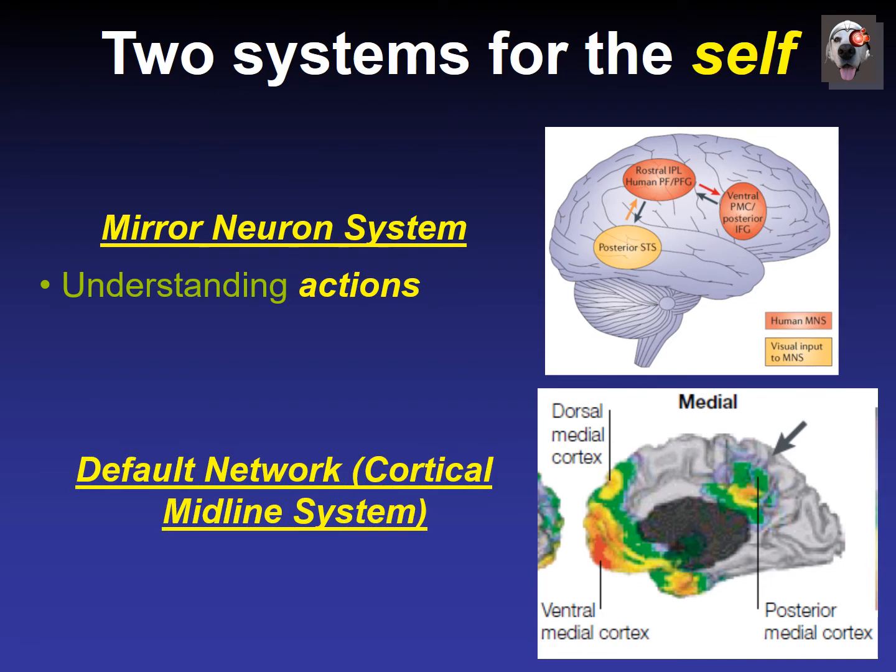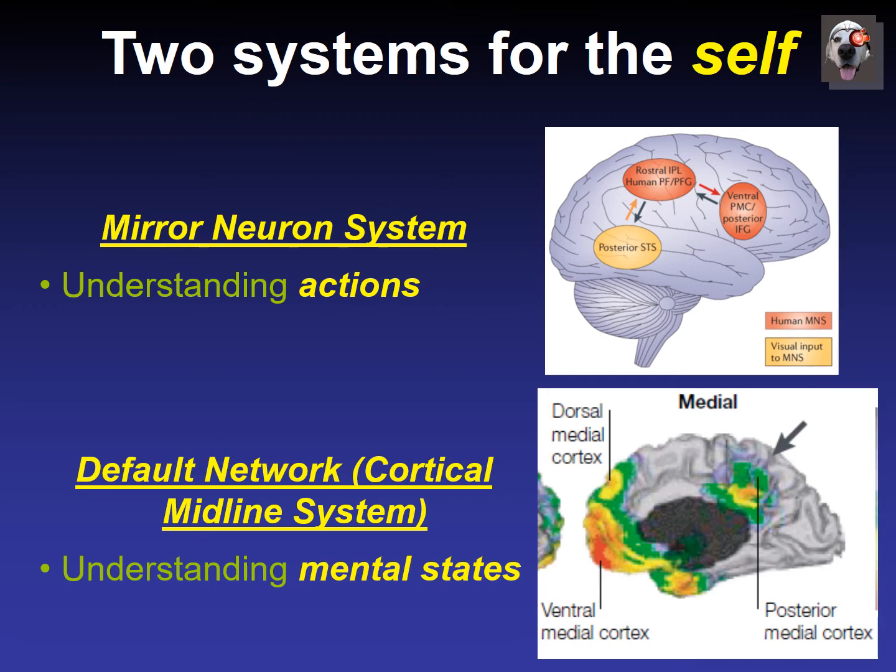And in this other region, the default network, or some of these cortical midline structures that we've already discussed, we can look at them as being involved in understanding mental states. So again, the mirror neuron system may be involved in self-awareness in terms of us being aware of our own actions, and the default network may be involved in self-awareness in terms of our own thoughts.